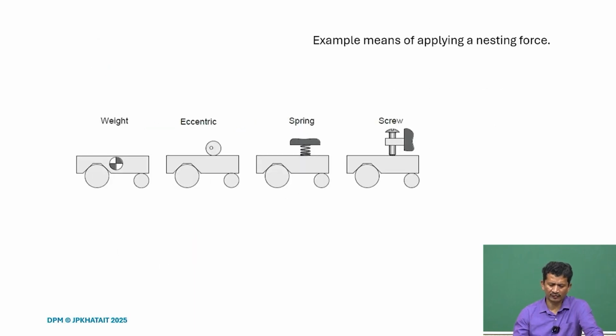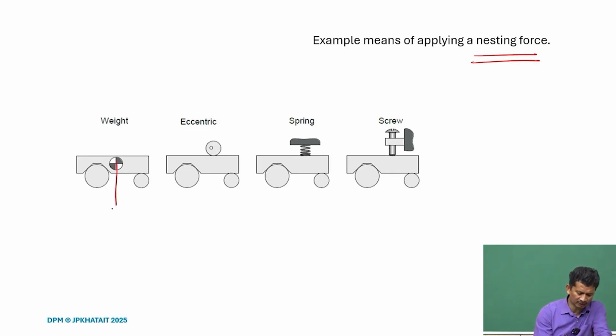So, there are various ways to get the nesting force. One is gravity itself, because of the weight you can get it. So, if that is the case, with C1, C2 and C3 one can analyze how. We will take up this problem one by one later. Another very good example is the eccentric cam, in bicycles and many of these products these days.